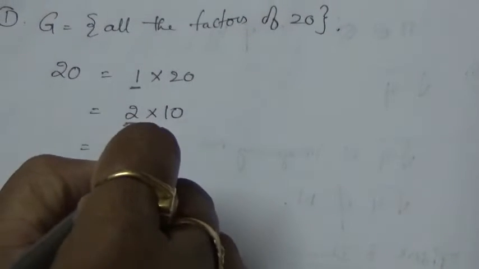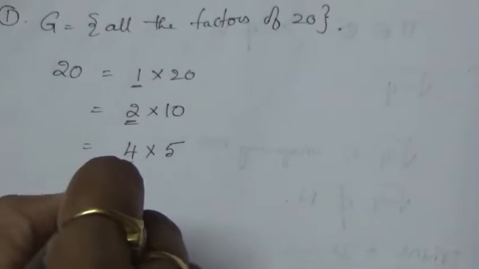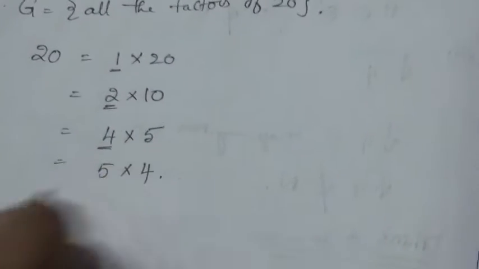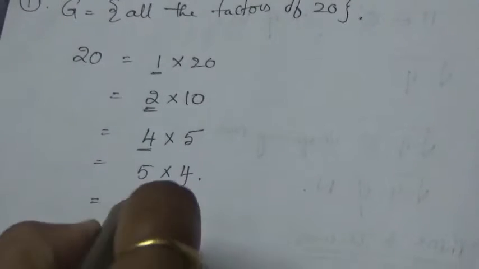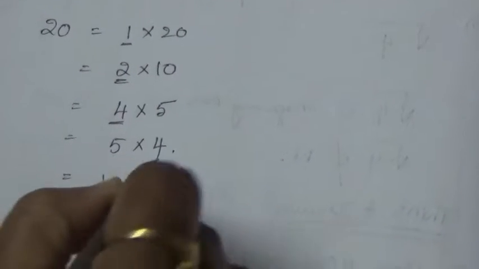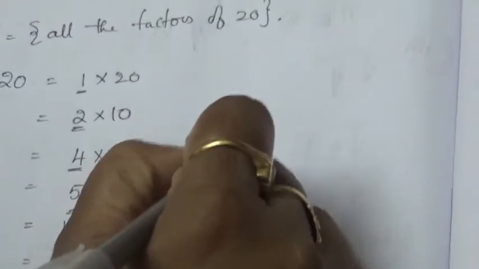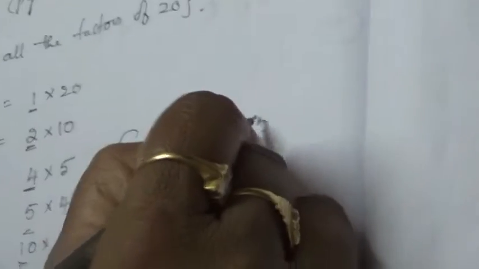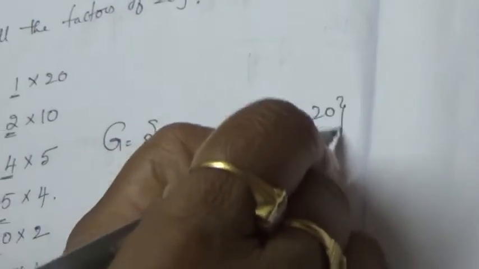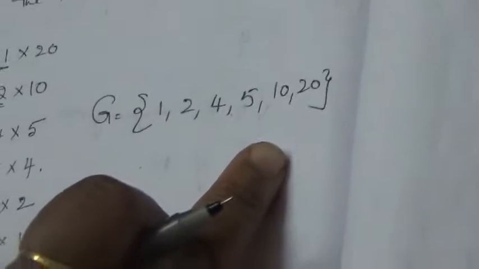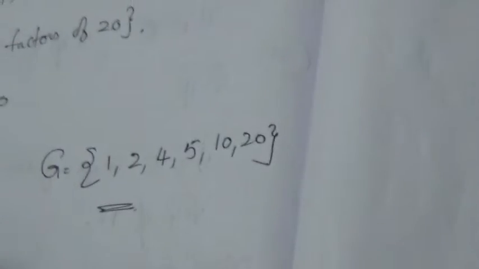No. Then 4, the 5 table, just like that the 10 table, and just like that 20. So these are the factors. The factors of 20 are G equals the set of 1, 2, 4, 5, 10, 20. These are the factors of 20. It is the solution for the first sum.